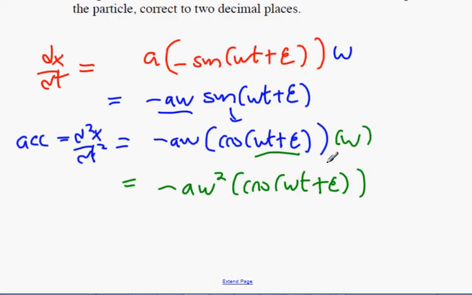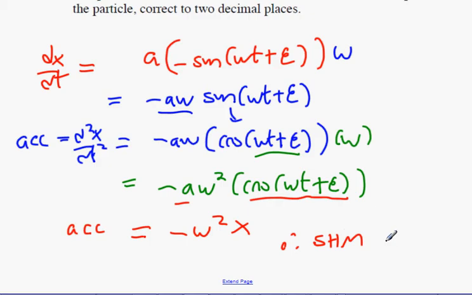Now, the a and the cos(wt plus e), you know that that's x, so it's minus omega squared x. So your acceleration is minus omega squared x. Therefore, it's simple harmonic motion about x equals 0.